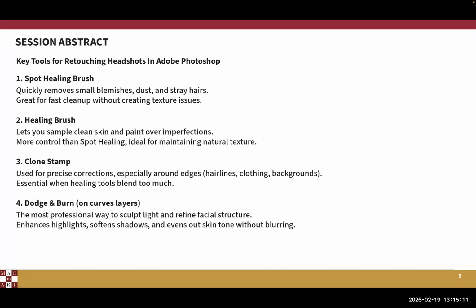Then you have the clone stamp tool. This is used for precise correction, especially around edges, hairline, clothing, and background. It works great with the healing tool, and also blends them together. I will take the clone tool and use it sometimes when I have to extend something, redo something, and clone it to another area.